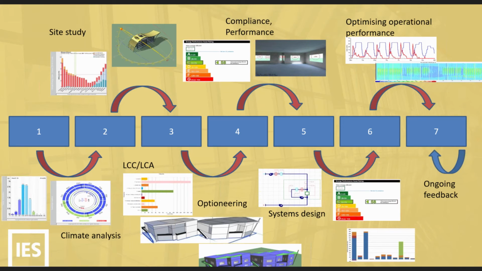So let's have a look at that analysis capability in a little bit more detail, but this time against the recognised stages of PAS 1192 that we looked at a little bit earlier. It starts off there at stage 1, early stage design, before a model is available. We can analyse climate and look at the availability of natural resources. Then we can move on and carry out optioneering to optimise the layout of the building within the local environment, subject to its usage.